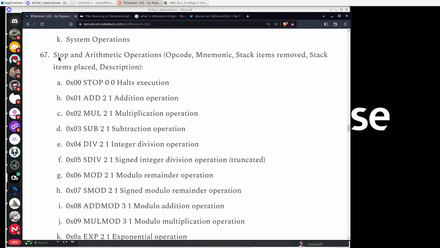Stop and arithmetic operations: opcode, mnemonic, stack items removed, stack items placed, description.